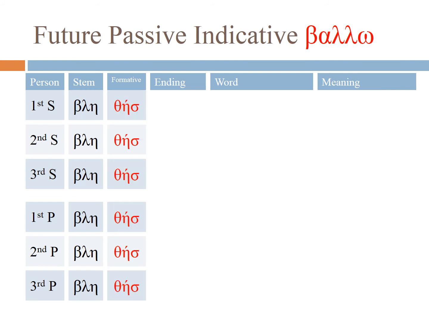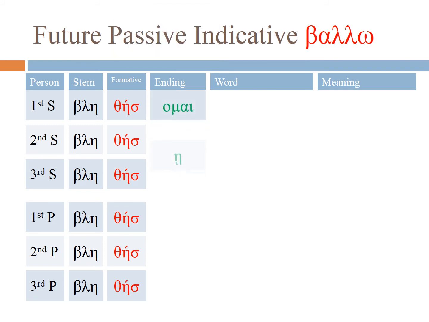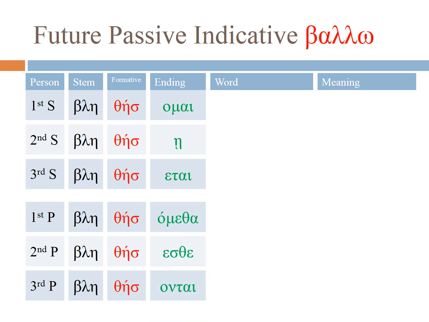The tense formative is θησ. And the endings, we're going to use the primary middle endings, ομαι, η, εται, ομεθα, εσθε, ονται. And so for the first person singular, we get βληθήσομαι, I will be cast.